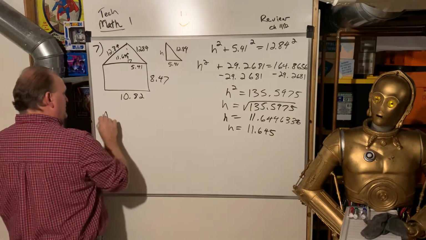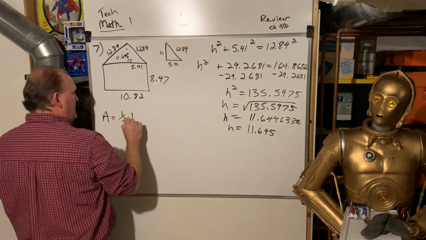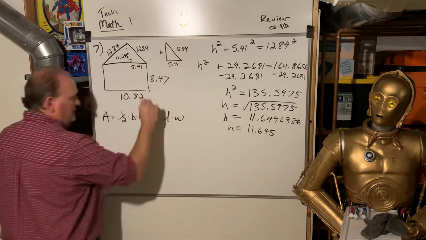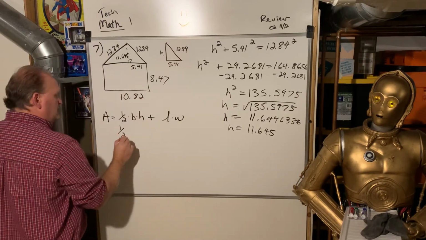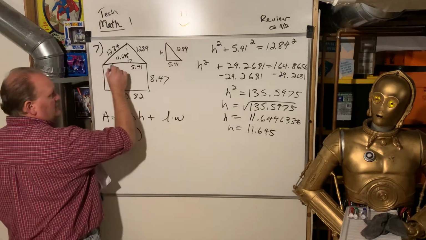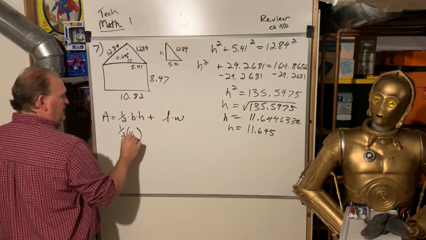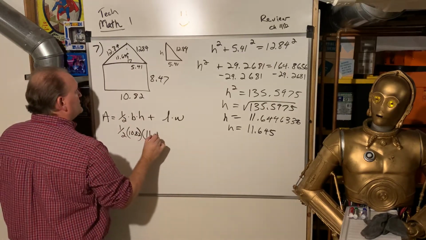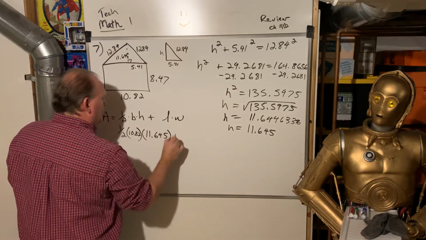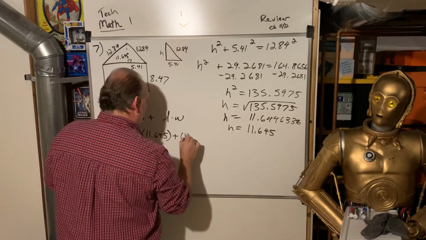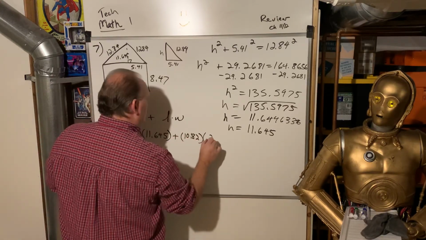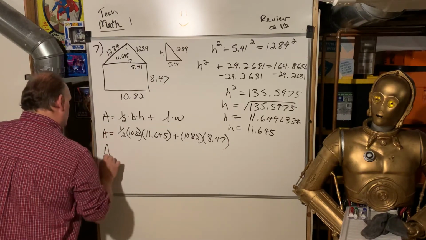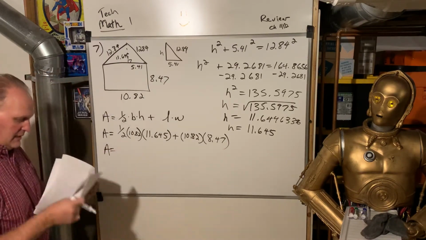And so now the area is going to equal 1/2 times base times height plus the length times the width of the rectangle. So we now know the base of this triangle was already given, 10.82. The height we just figured out, 11.645, plus 10.82 times 8.47.